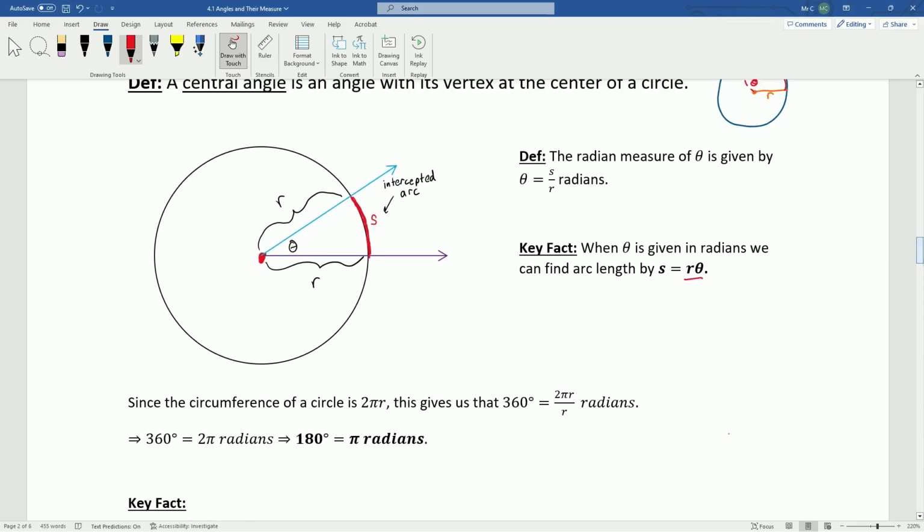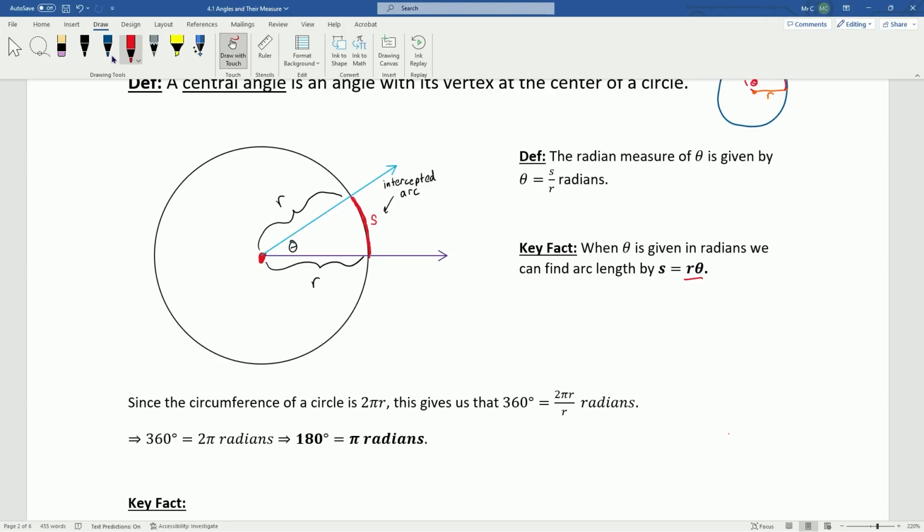Okay, so with this definition in mind, what does that tell us about our basic angles in terms of radians? How do they relate to degrees? Well, we know the circumference of a circle is 2 pi times the radius. So this means that a full circle, according to this definition, has radian measure 2 pi r divided by r, right?